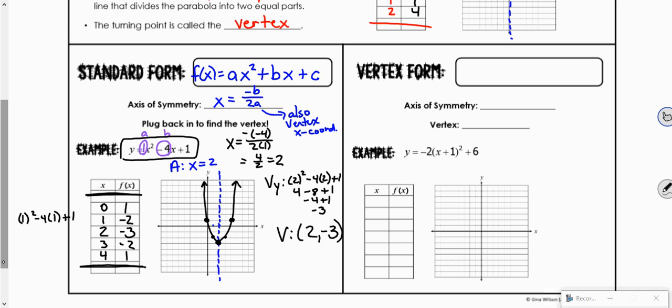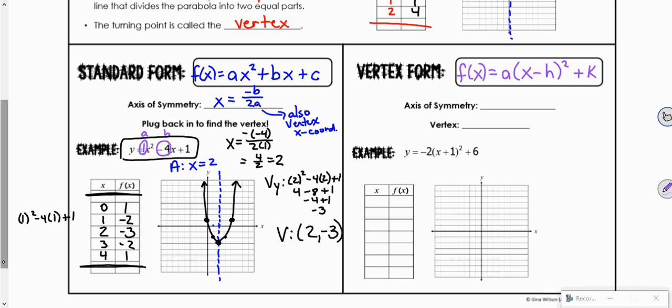Okay, vertex form. Vertex form is kind of the preferred way to write it. Vertex form is where you have a out in front and then x minus h in parentheses squared plus k. This is the form that tells you how to shift left, right, up, down. Remember, the h tells you whether you're shifting left or right.